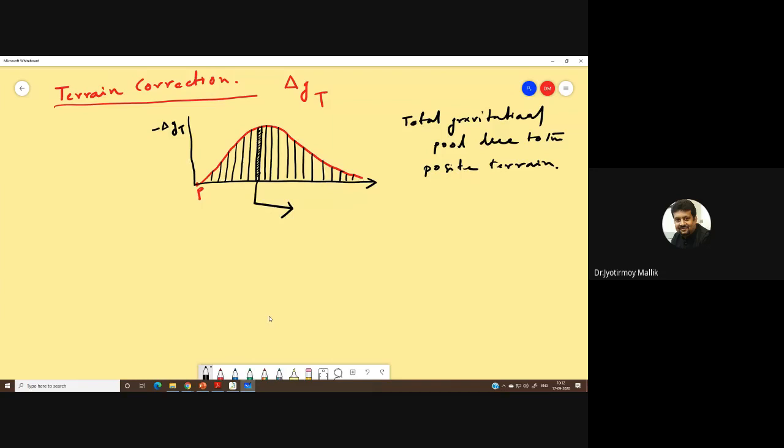So there is of course a y-axis, if it is a three-dimensional body, and this is a cross section of the three-dimensional body. The area under the curve is terrain. Yeah. Okay, sir.